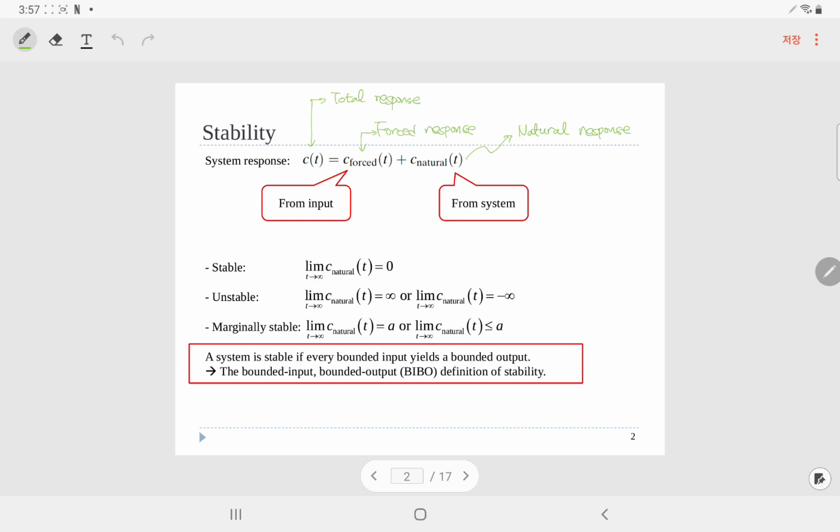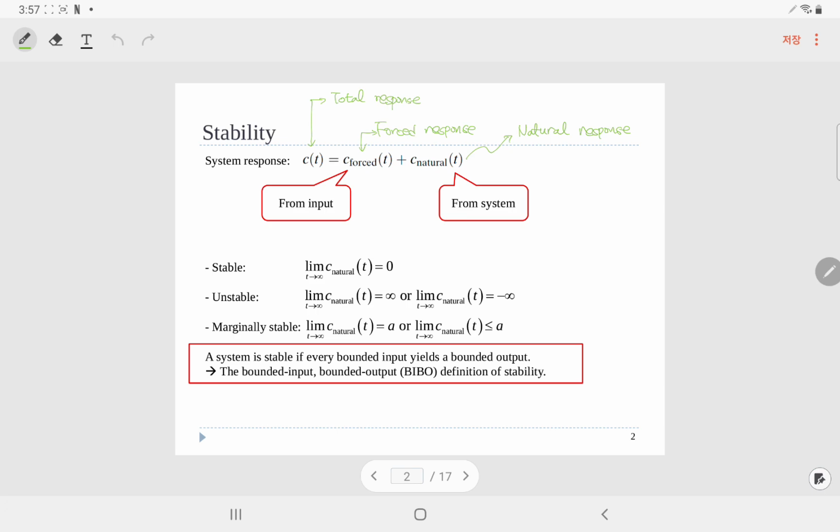That's an unstable case. Finally, the marginally stable case can be explained like this. A system is called marginally stable if the natural response neither decays nor grows but remains constant or oscillates as time approaches infinity. The first case means that the natural response converges to a certain value, and the second expression means that the natural response oscillates as time approaches infinity.